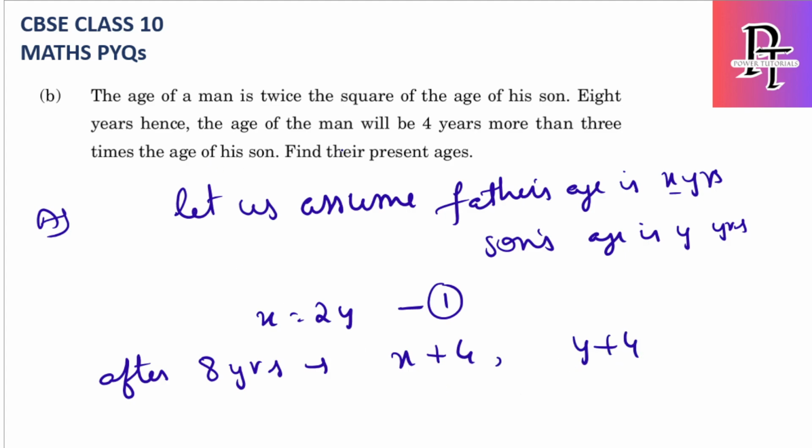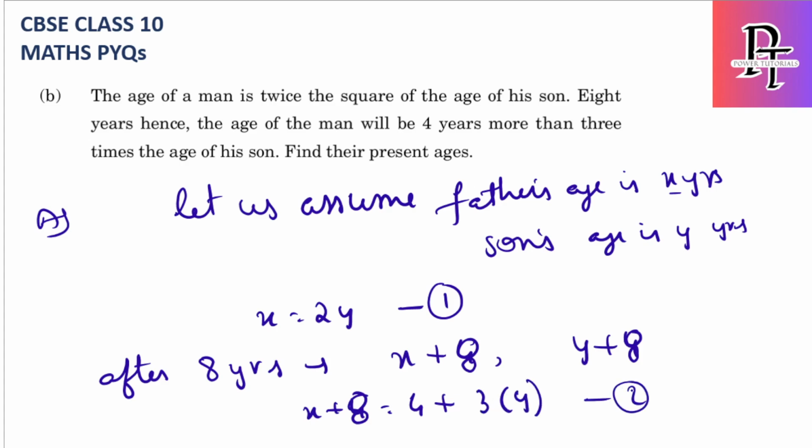Now write the condition: age of man is 4 years more than 3 times the age of son. Okay, it is 8 years hence, so x plus 8 is 4 years more than 3 times the age of son.